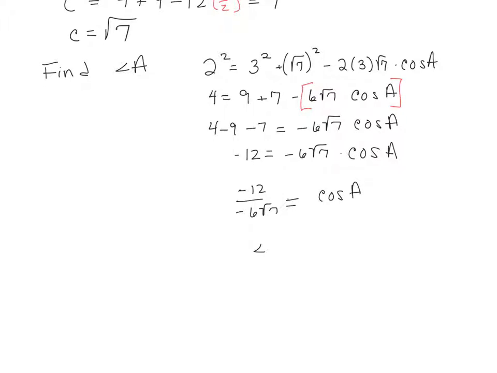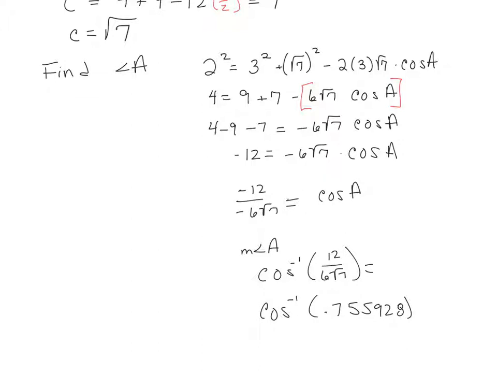And remember, to find the measure of that angle, I take the arc cosine of 12 over 6 square root of 7, or 0.755928.